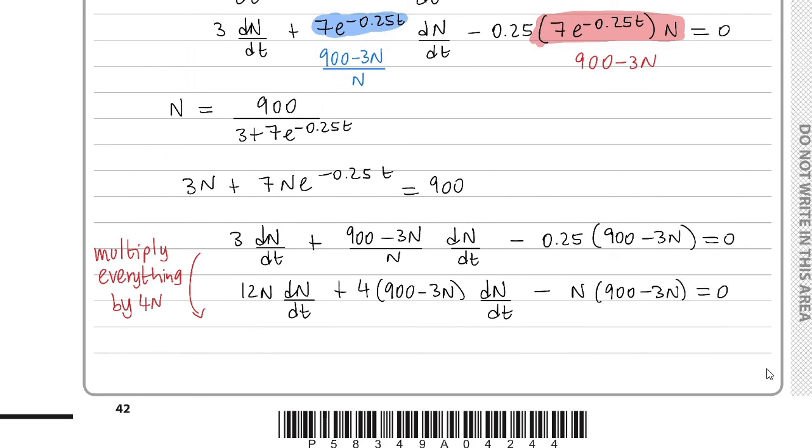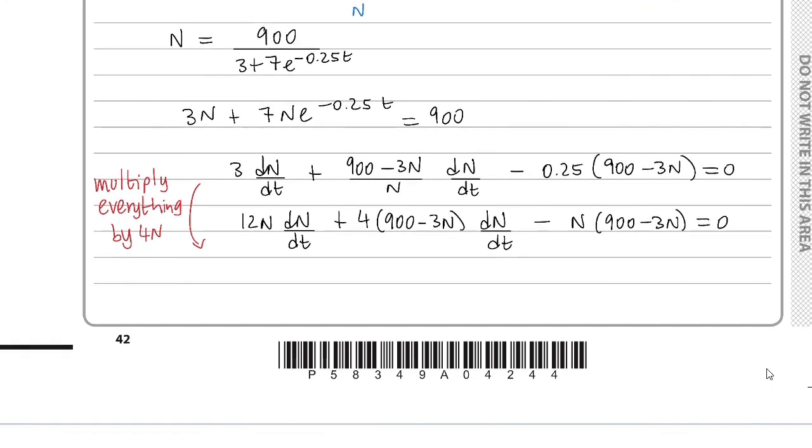So I could actually proceed. I have 12n dn/dt plus (3600 minus 12n) dn/dt is n(900 minus 3n).